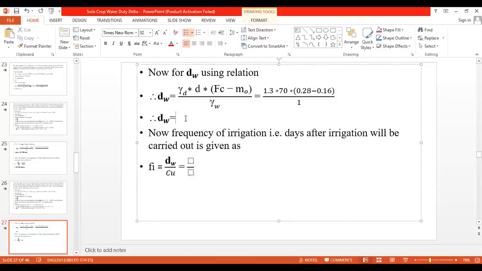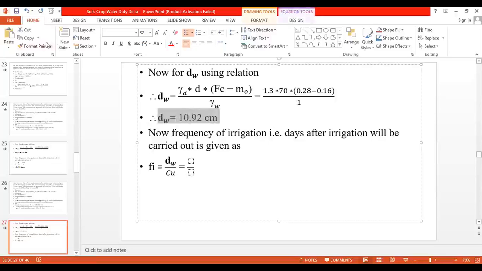Just check the answers. I am getting the answer as 1.3 into 70 into 0.28 minus 0.16, which is 10.92 centimeters. Just check it. 10.92 centimeters.